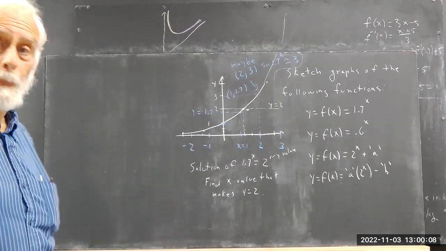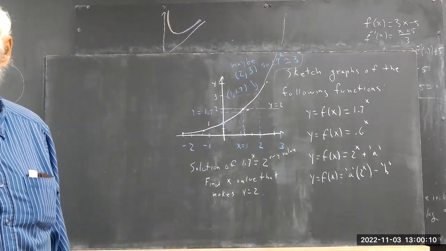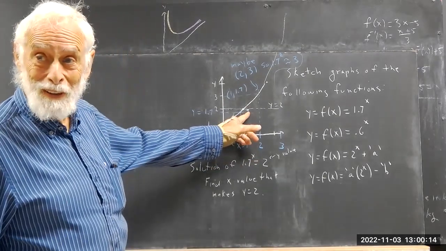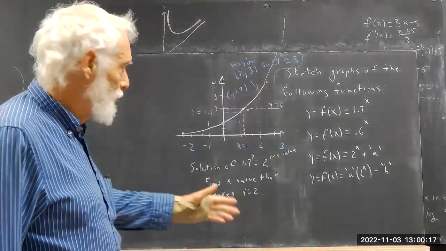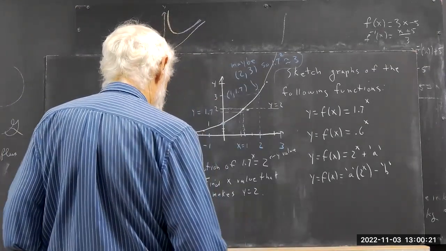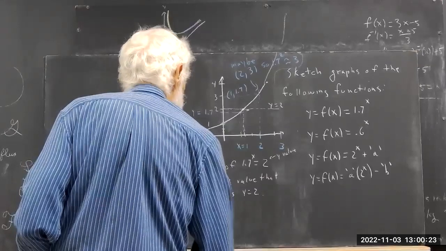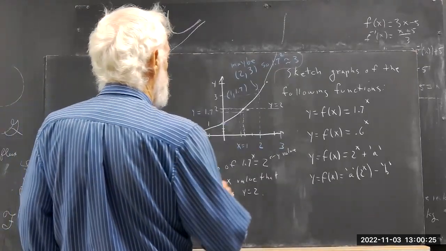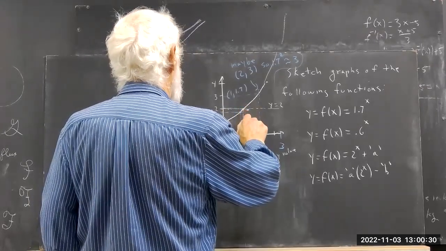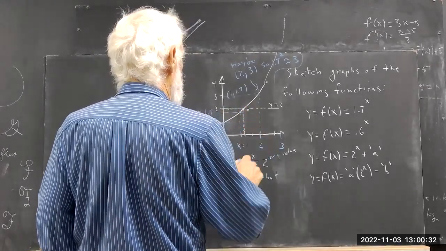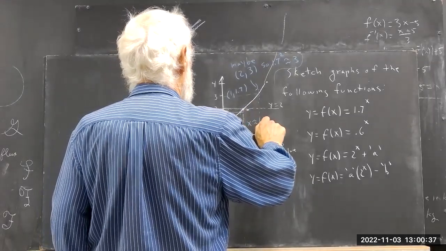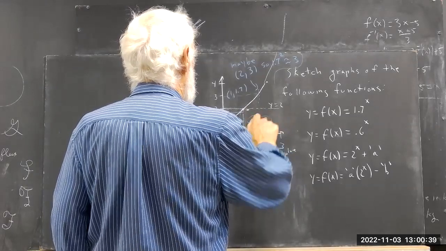Now, according to my picture, it looks like about 1.2. Remember, I kind of missed my point here, so my graph's probably a little bit too steep. So according to this graph, using these projection lines, we see that x is maybe 1.2.